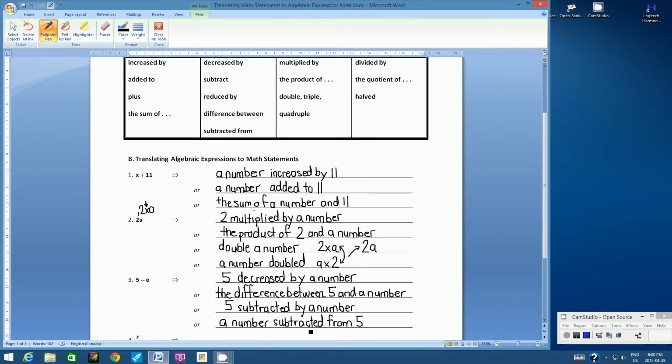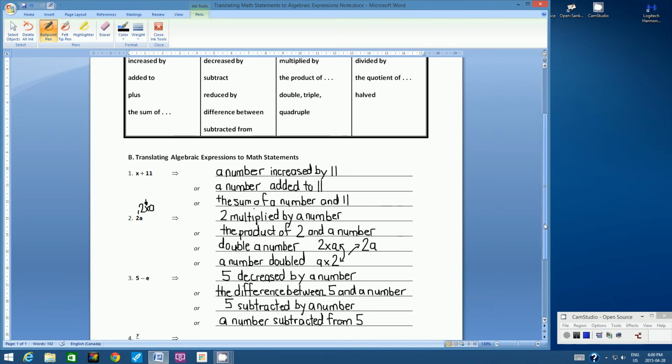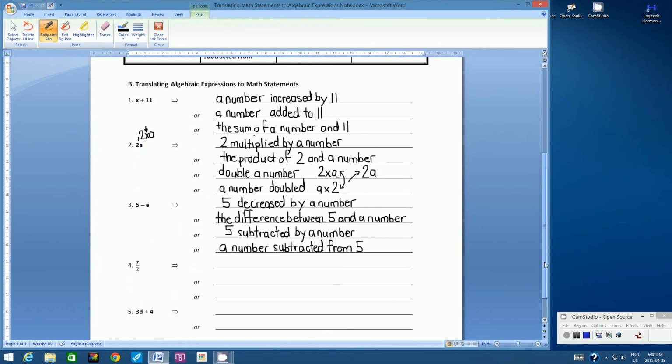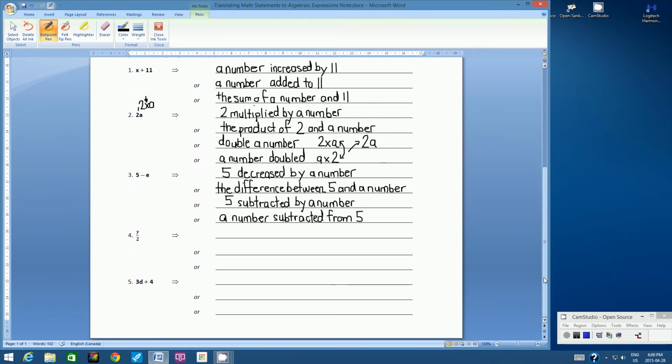So when you use the subtracted from, you actually have to switch the order of these terms. Okay? A number here subtracted from 5. So that's a really good one to use. I want you to try and use that in your homework. Okay? All right, let's go on to the last two algebraic statements.